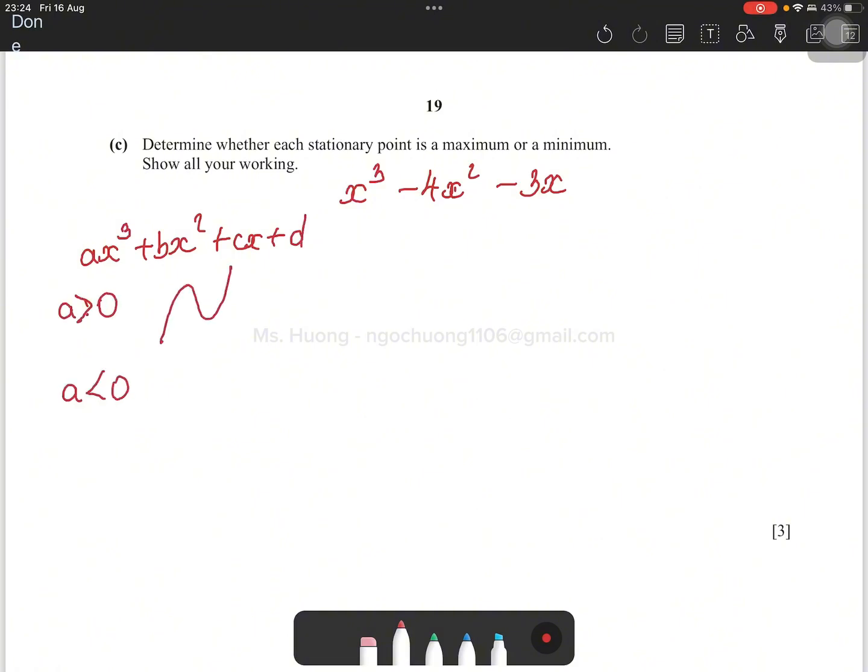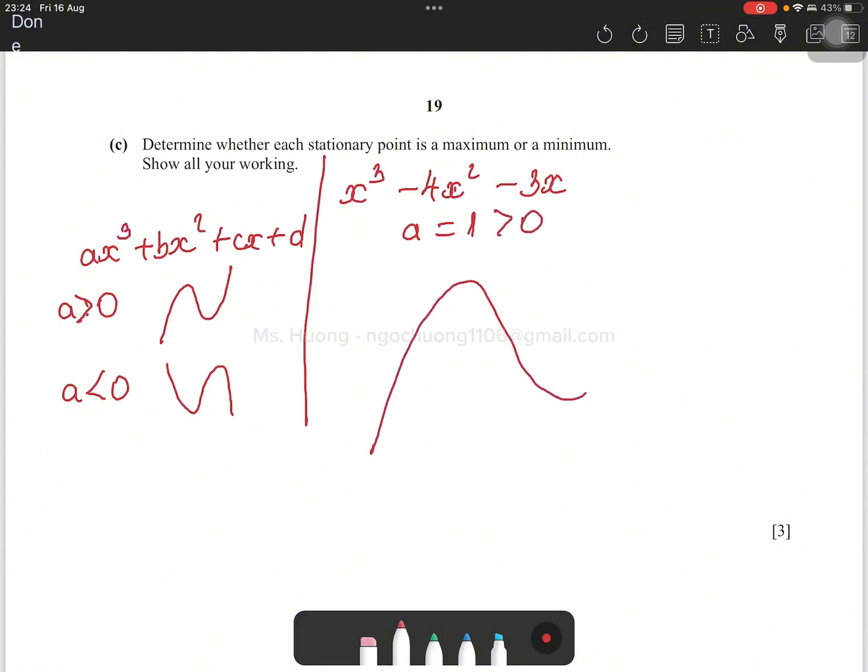If your a is negative, then the graph will be like this. In this case, we see that your a is 1 and 1 is positive. So the graph should be like this. And we have two stationary points. The left point has a smaller value of x, which is negative 1/3, 14 over 27. And the right point should be 3 and negative 18.